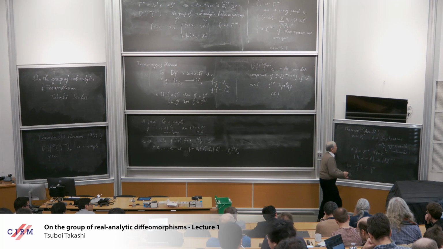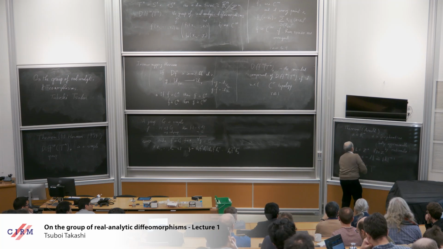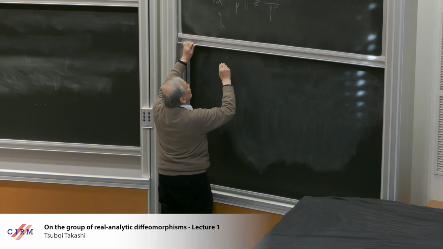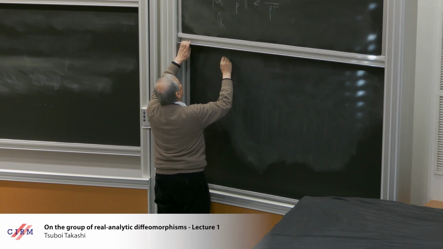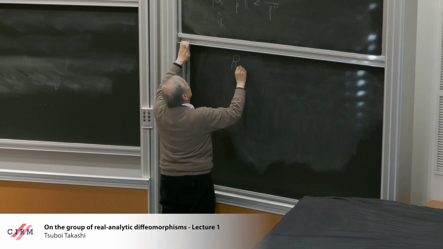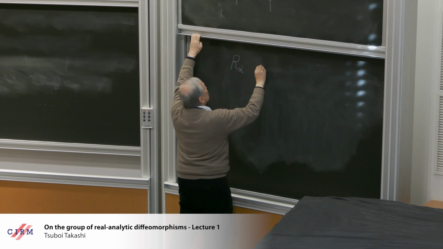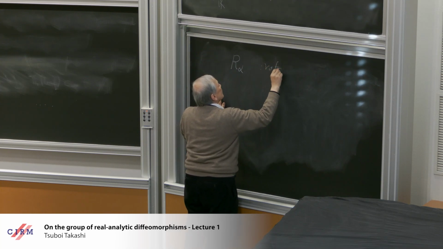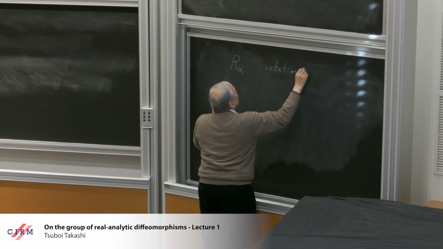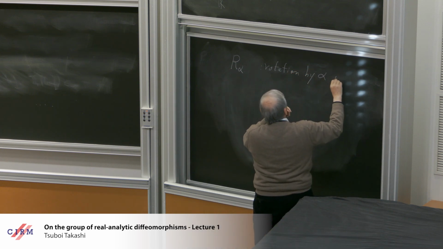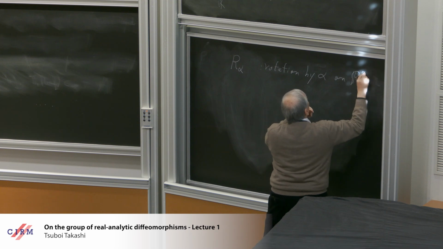So the theorem of Arnold is not this definition. What he proved is that, for alpha Diophantine, we have the rotation by alpha on R^n over Z^n.